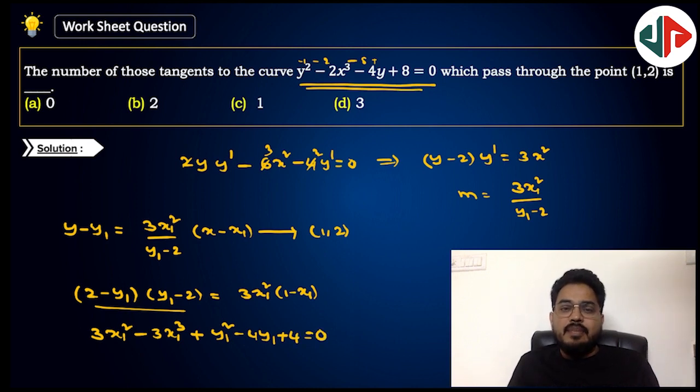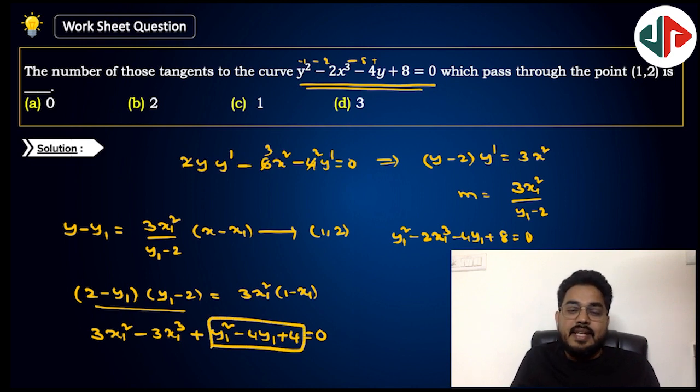Since x1, y1 is a point on the curve, y1 square minus 2x1 cube minus 4y1 plus 8 must be equal to 0. So this value is equal to 2x1 cube minus 4.